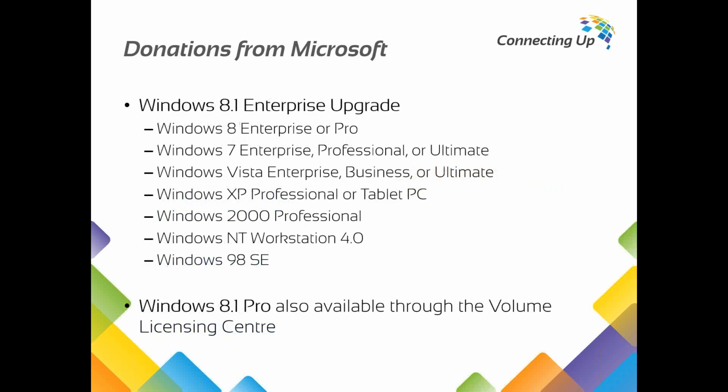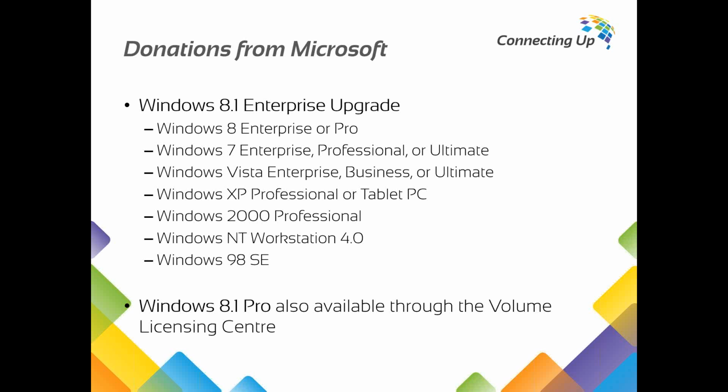Okay, so what can you actually access through those programs? You can get Windows 8.1 Enterprise Upgrade. So if you want to upgrade your software, so let's say you're running Windows 7 or Vista already and you want to upgrade it, then you can do that through the Windows 8.1 Enterprise Upgrade.